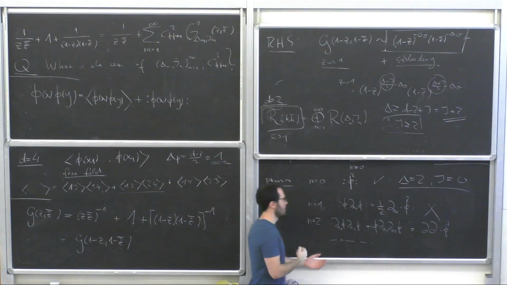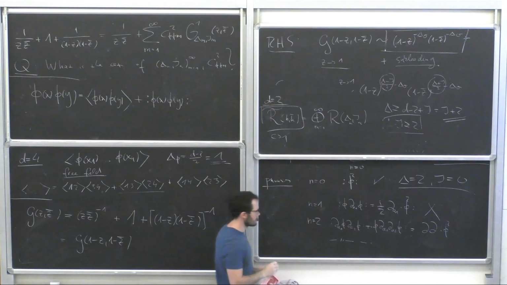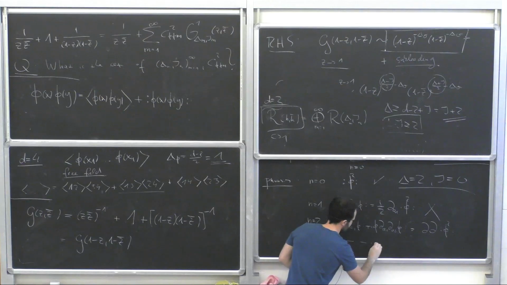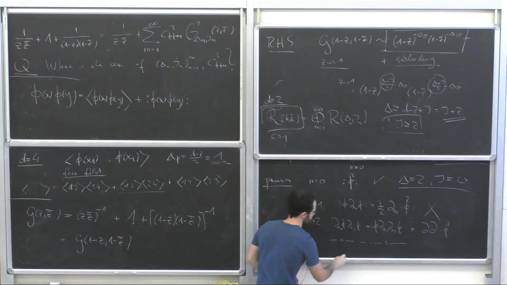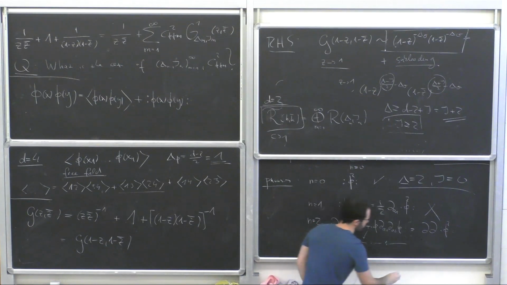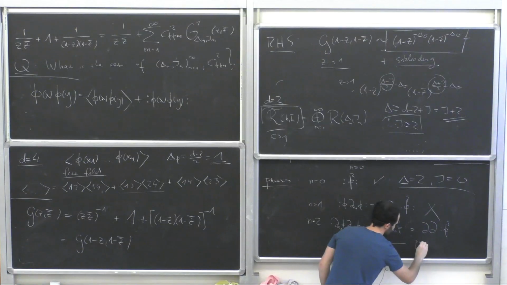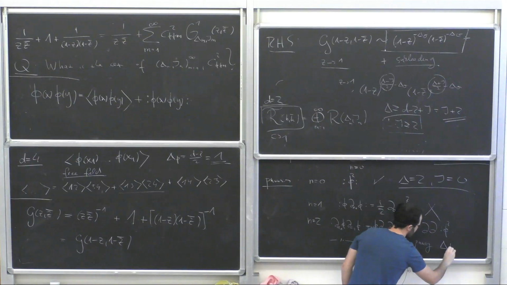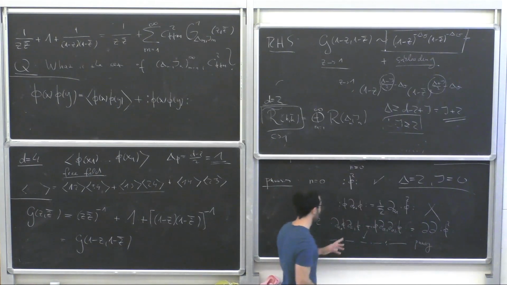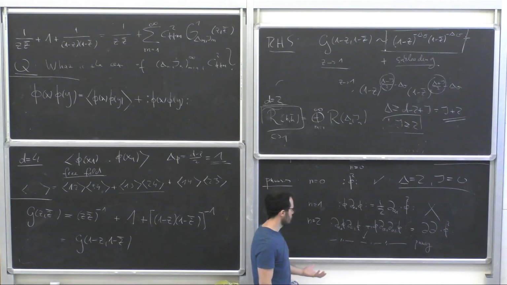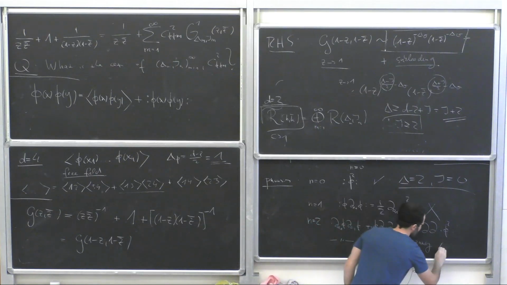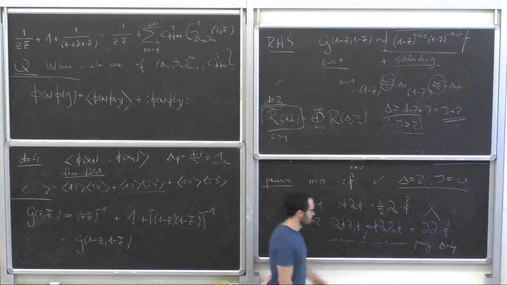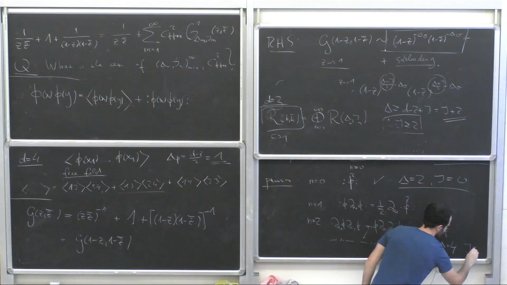So now the space is kind of two-dimensional. If you put a minus sign here, then it's a primary. It's a primary of dimension delta. We have two phi's and two derivatives, so delta is 4. And we have two indices, so spin is 2.